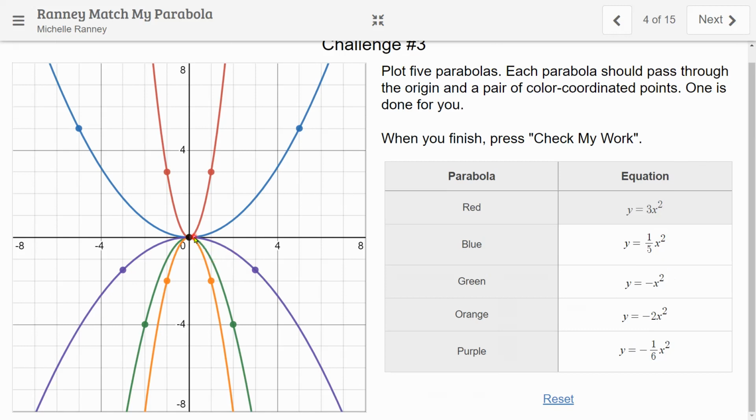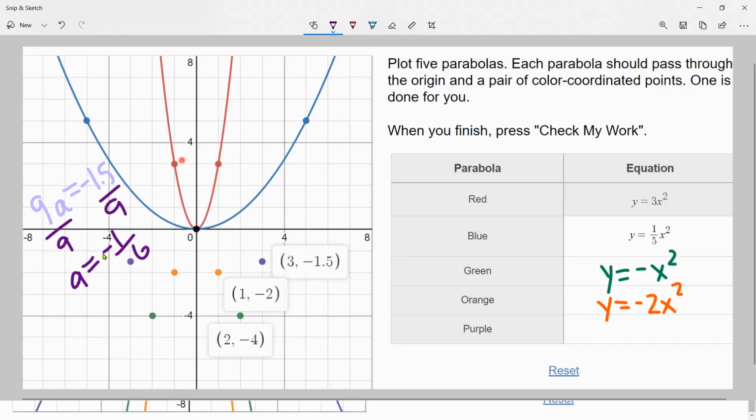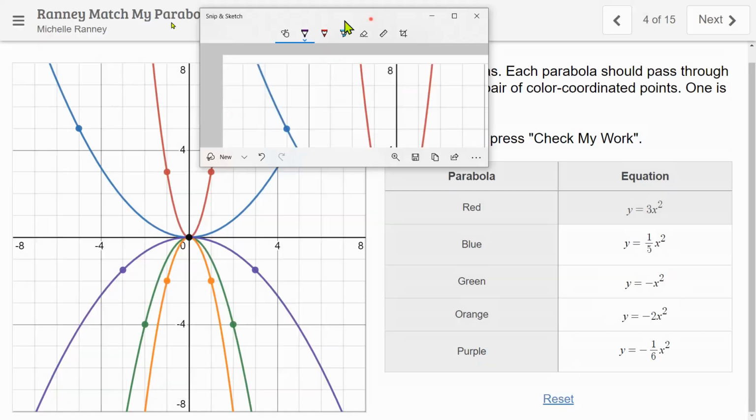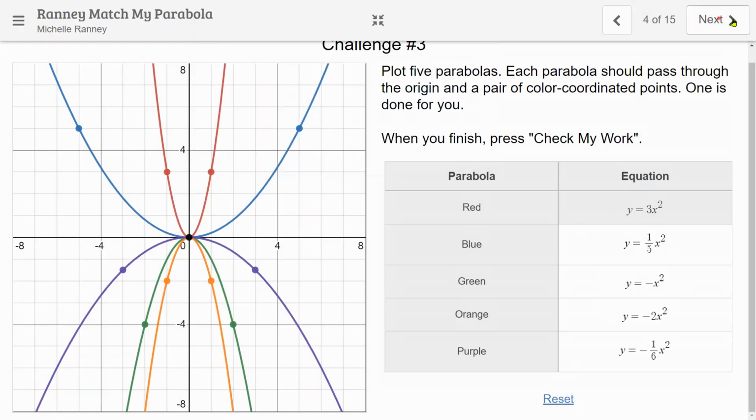And so again, if I went out 1, 2, 3, which is 9, and I only went down negative 1.5, 9 times a equals however I went, do that math, and you'll get your a.